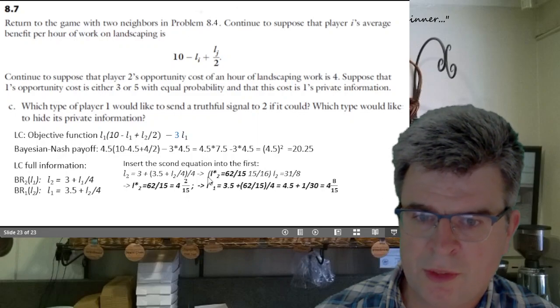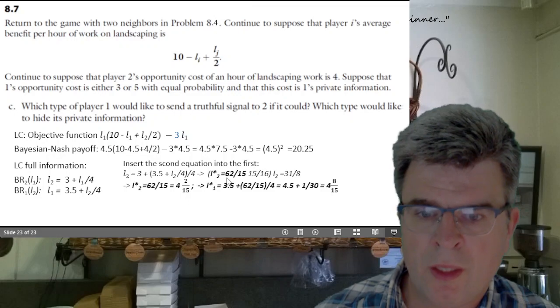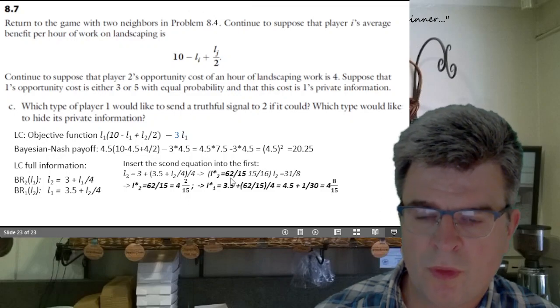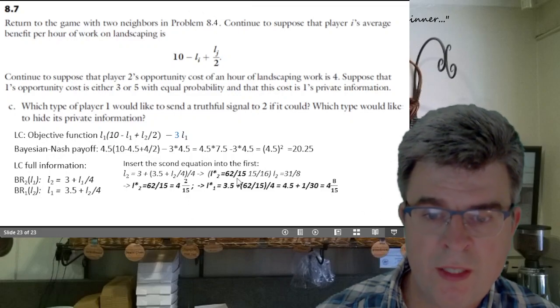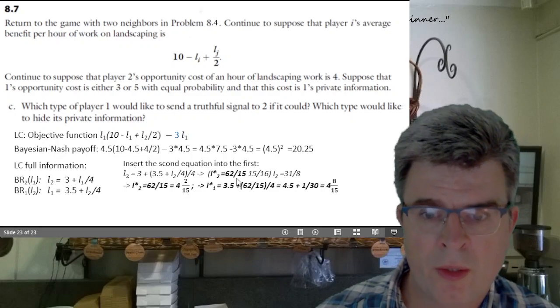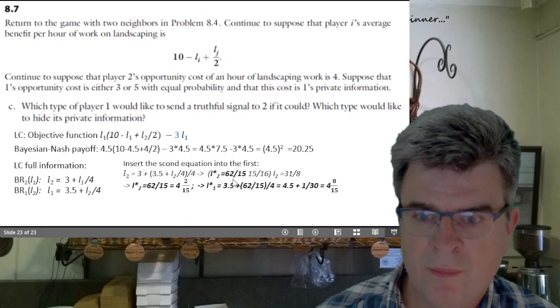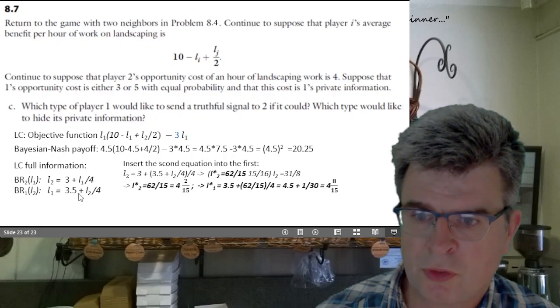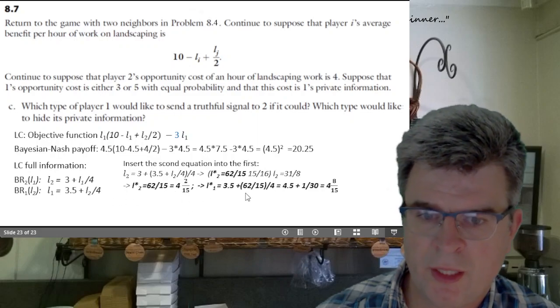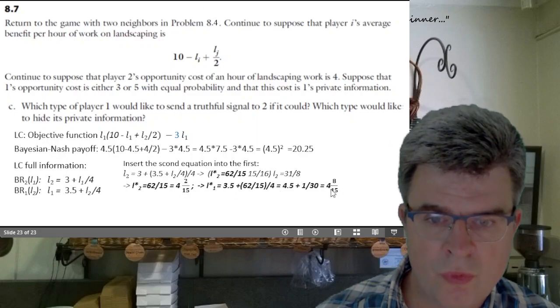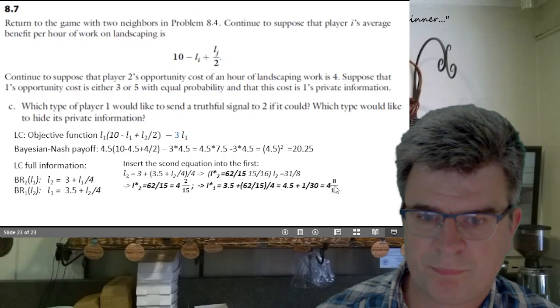And if you do so, you plug this in, then you can simplify. And you get that L2 is equal to 62 over 15, which is 4 to 15. And if you plug this number into the expression for L1, like the one over here, then you get that L1 is equal to 8 over 15.